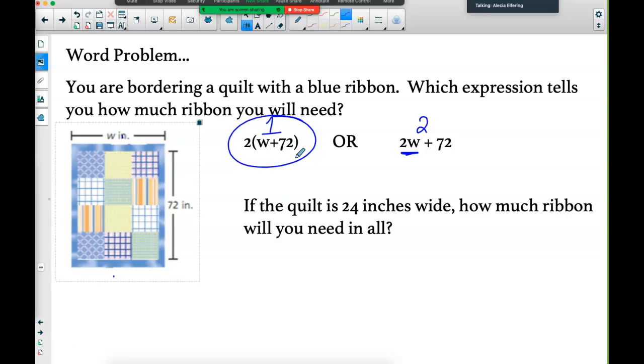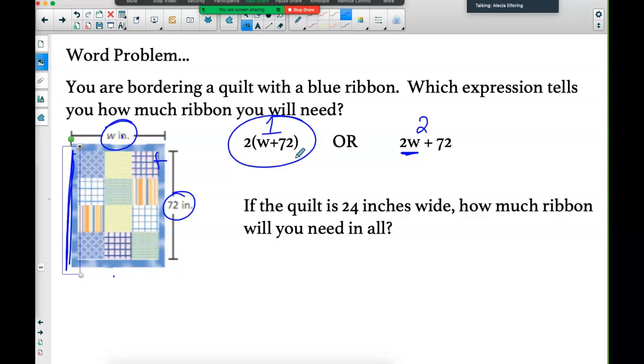So I'm only taking those plus the 72. I'm leaving out this side over here. Does that make sense? If I add the W and the 72 first, I put these 2 together and then double it. Now I've got all 4 sides. Does that make sense to everyone?